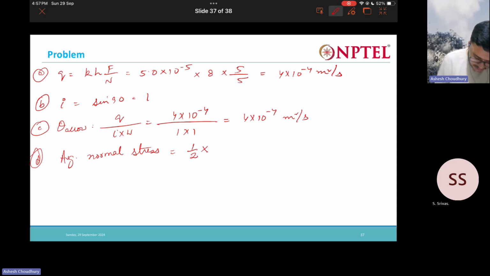What is the average normal stress? You can take half times 8 into 18, assuming unit weight 18, which gives 72 kPa.